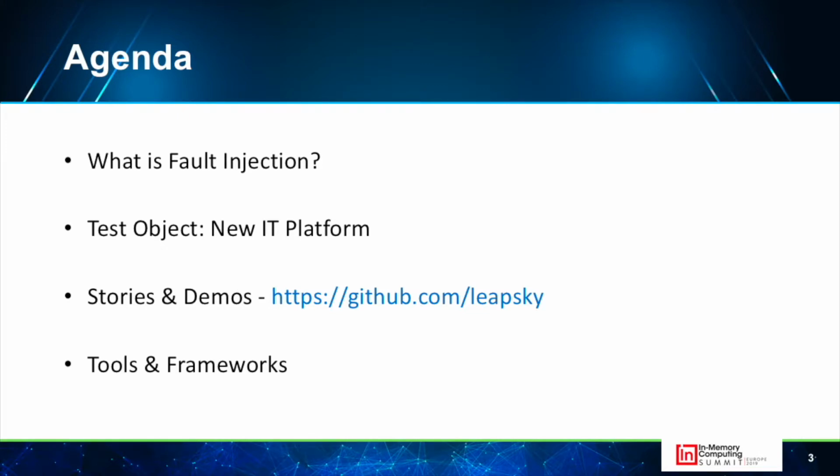And there will be some stories and demos. You also will know about tools and frameworks which I use. All the examples you can download from my GitHub. And as a database, I will use Apache Ignite. But all these approaches can be easily applied to any other modern database.